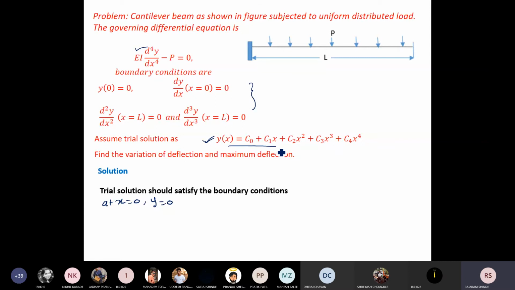Now when I put x is equal to 0 in this equation, all these terms become 0, because x is equal to 0. And we have this boundary condition, y at x is equal to 0 is equal to 0. So what form will we get? We will get 0 is equal to C0.